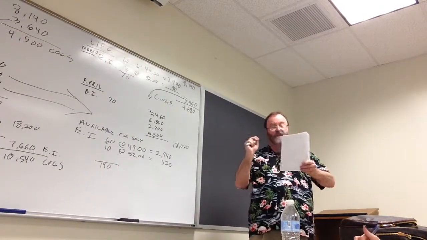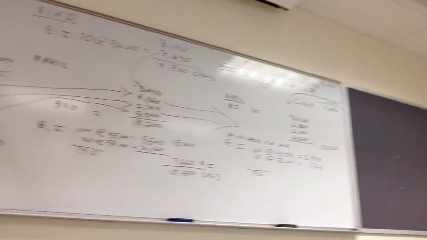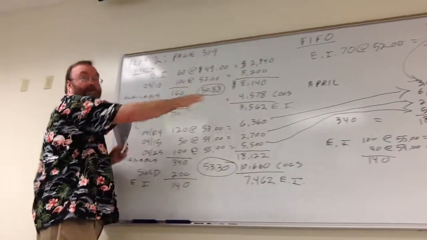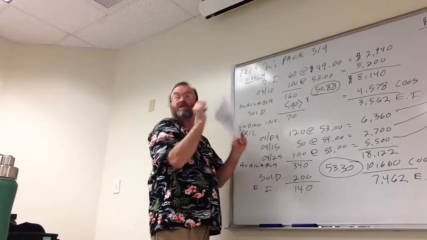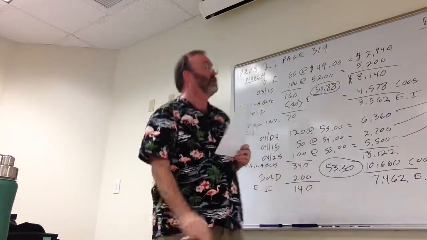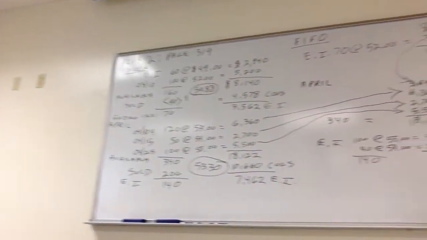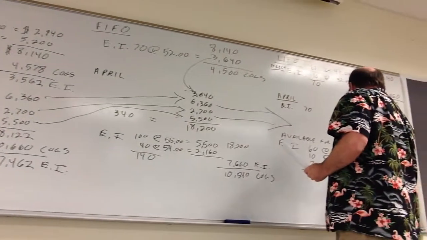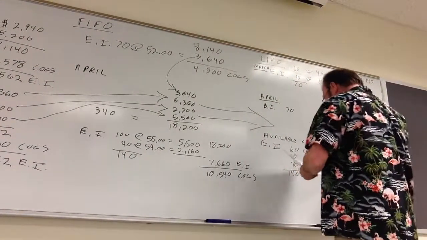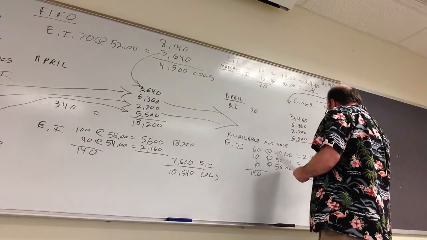So we have 70 more units to identify out of the stuff that we bought in April. So where did those 70 units come from? April 4th. Exactly. So we have 70 at 53, and that is 3,710.